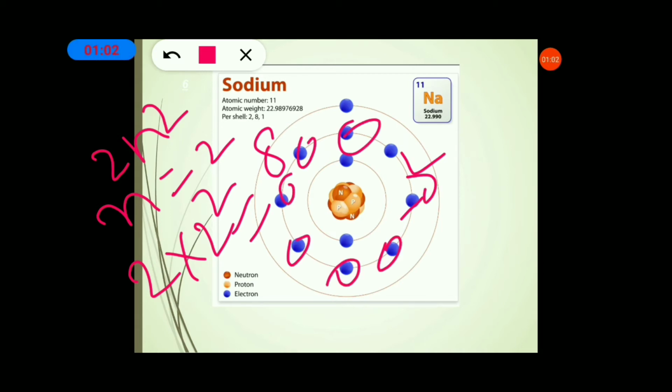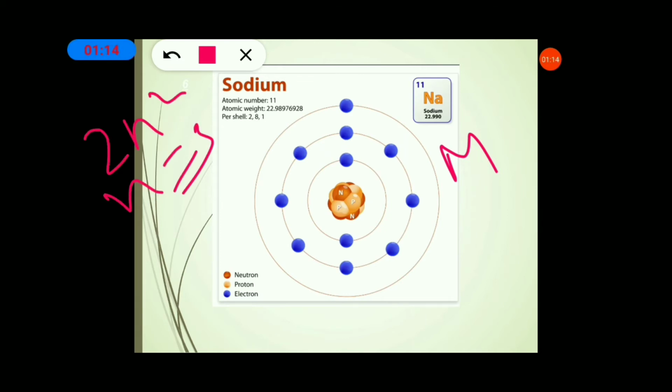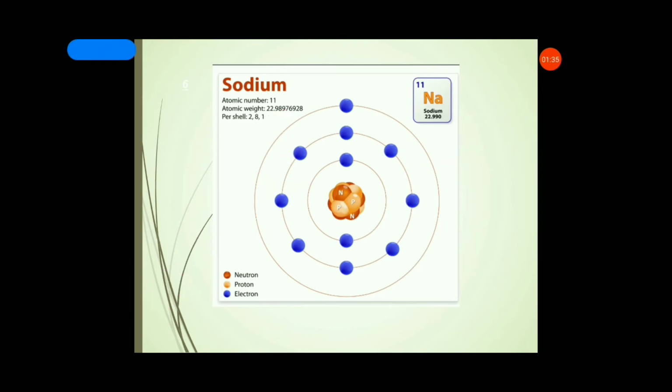If we talk about the third shell, that is the M shell, we put n equal to 3. So 2 into 3 square, 3 3s are 9, 2 9s are 18 electrons. Like this for the fourth shell, fifth shell, we can find the number of electrons that can revolve in a particular orbit or shell. Clear?